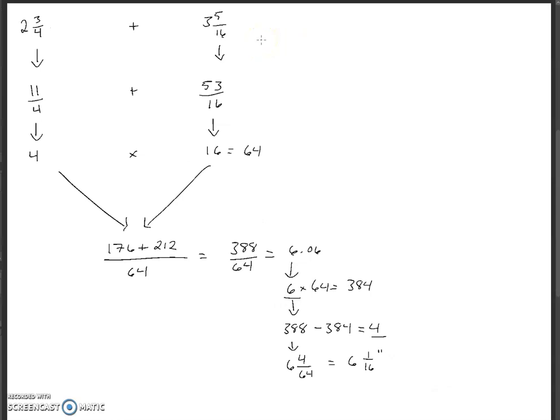So if we deal with it in those terms, because we'll get into the tape measures and all that kind of stuff, so 2 3/4, 3 5/16, go through the same sequence. 4 times 16, 64, 176, 212, over 64, 388, 6.06. 6 times 64 gives you 384. The difference between them is 4 remaining, so 4 64ths. And if we reduce this fraction down to 6 1/16, that is a little more how we would be dealing with things in terms of tape measures.